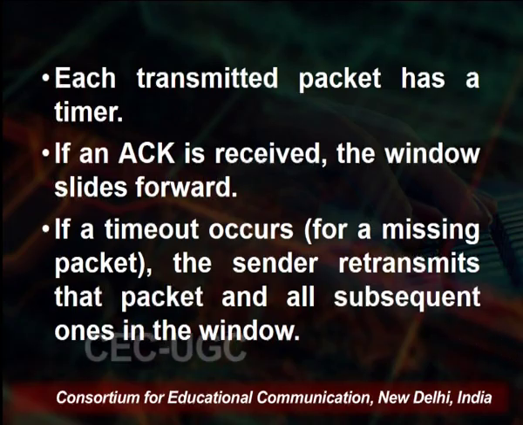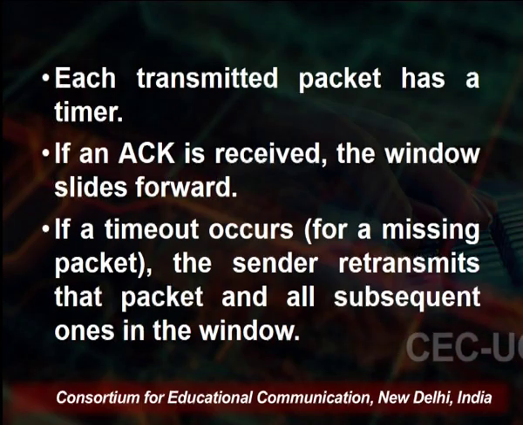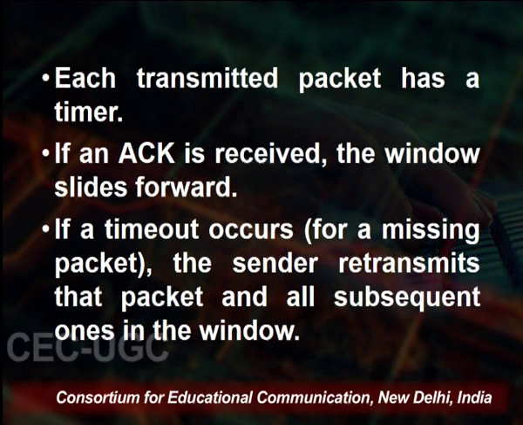If a timeout occurs, maybe it is a missing packet or a missing acknowledgement. In both cases, the sender retransmits that packet and all the subsequent ones in the window. That is the specialty, the characteristic of Go-Back-N.